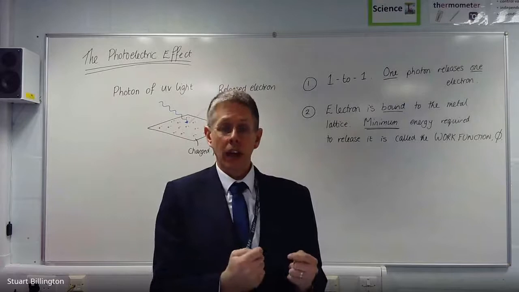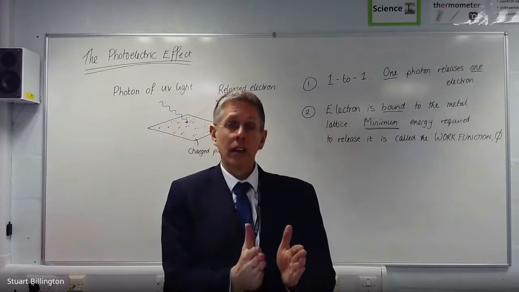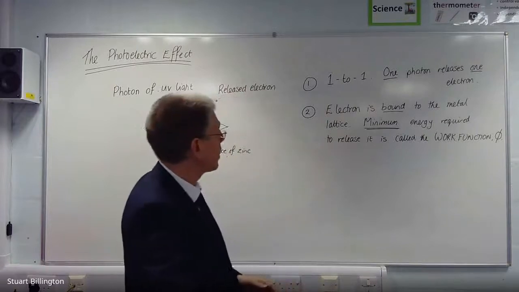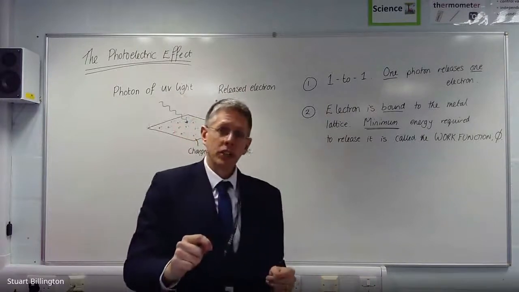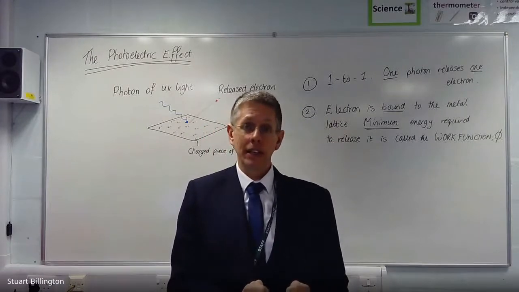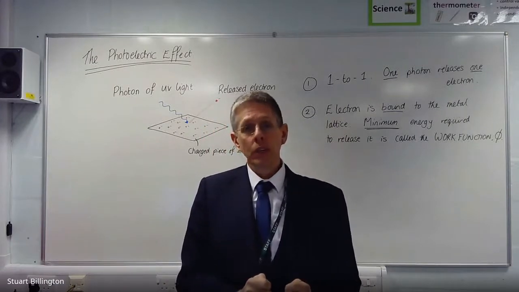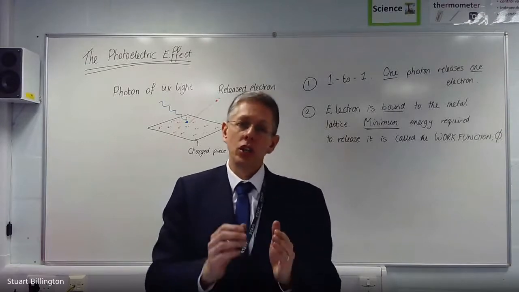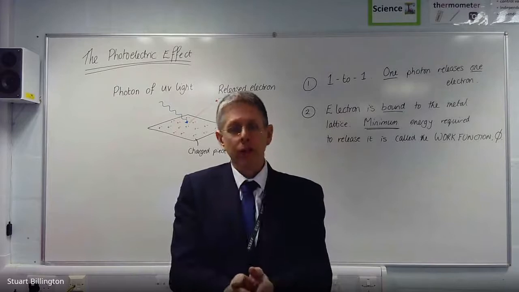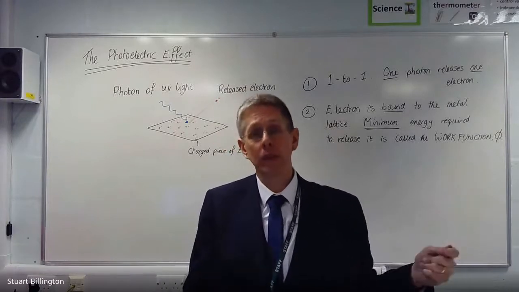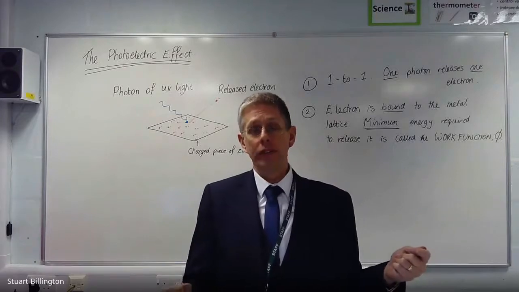They're still electrostatically attracted, and they are bound and they can't go anywhere. So you could ask the question, what's the minimum amount of energy that's required to let it leave? You would need to think about the work that would need to be done to apply a force over a certain distance to wrench that electron away from the positive attraction of the metal lattice.